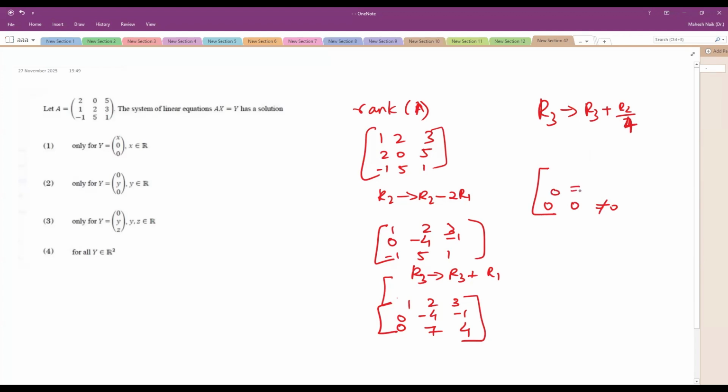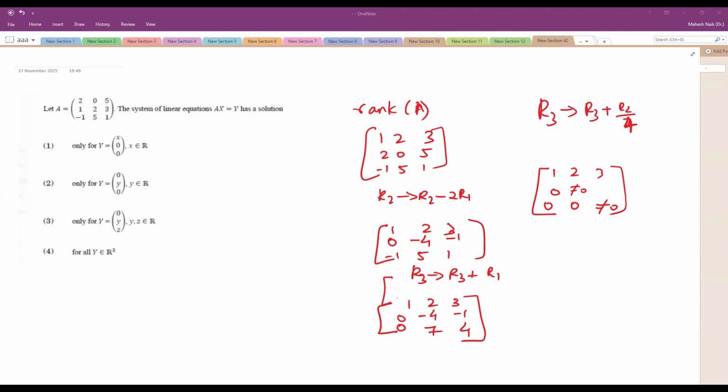This is 0, this is non-zero, and so on. This is 1, 2, 3. So what we see is that the last row is non-zero. So all three rows are non-zero. The rank of A is 3.